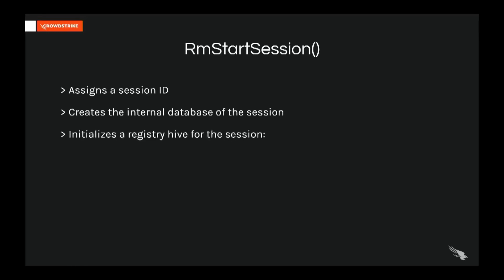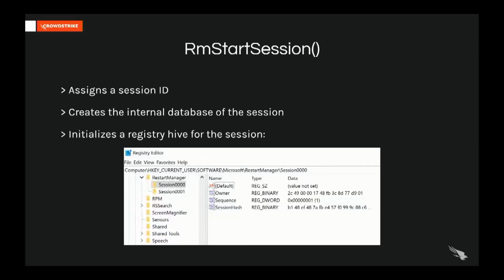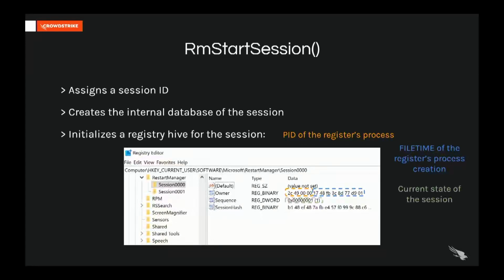And it will initialize the same information in a hive. So under the user hive, we will find for each session a hive with the ID of the session and the following information. The owner, which has a PID, the process ID of the process that has started the session, and a file time corresponding to the time when this process was started. We will see a number called sequence that represents the state of the current session.